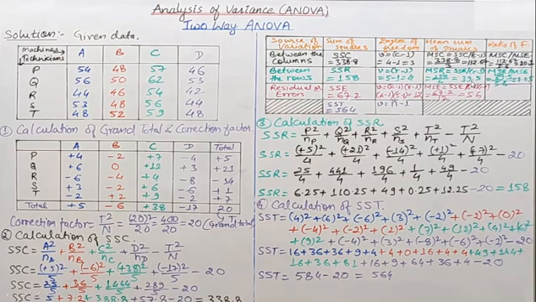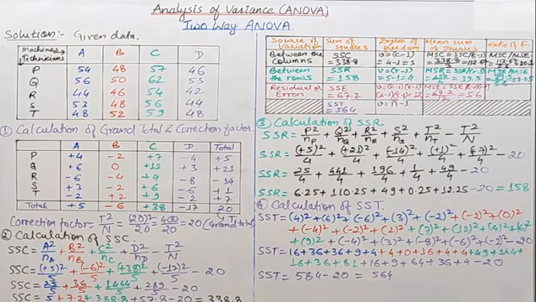Right? So now we will find out the ratio. We see that the ratio F1 is equal to MSC upon MSE. The value of MSC is 112.67 and the value of MSE is 5.6. So the value of F1 is equal to 20.1. Similarly, we can find out the value of F2, which is the variation between the rows.